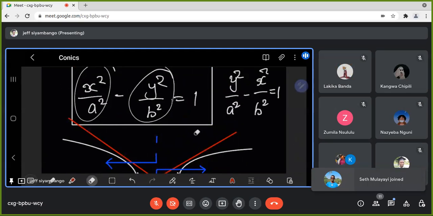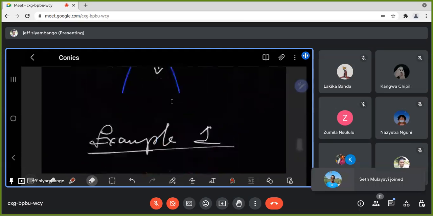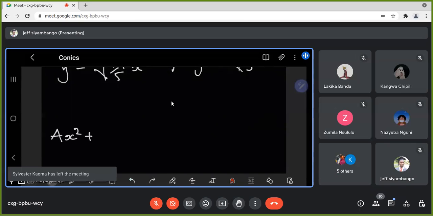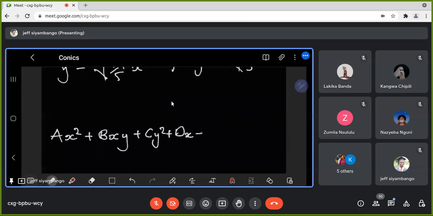Okay, now, ideally, these conic sections, in as much as we've seen their standard expression, so we've gone through everything now, their general expression, regardless of what you're looking at, will always be a two-dimensional quadratic equation where you have ax squared, then bx times y, the cross product, and then cy squared, and then dx plus ey, and then plus f equals 0, which is generally going to be the standard expression.